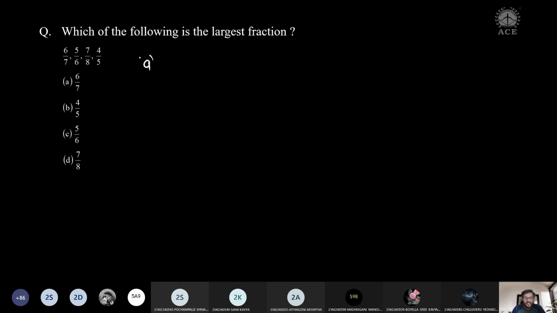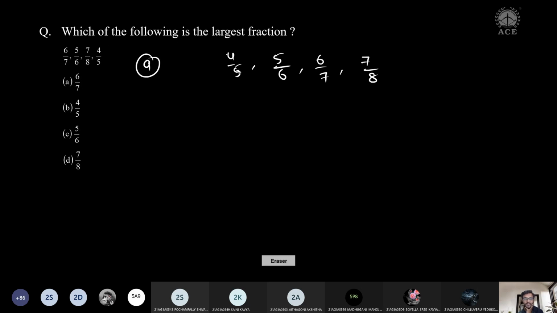Now see, this is regarding which is the largest fraction. Among the fractions, we should decide which is the largest fraction. If you observe, you have 4 by 5, 5 by 6, 6 by 7, 7 by 8.